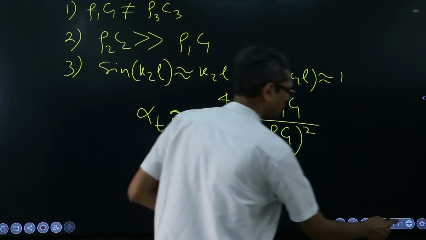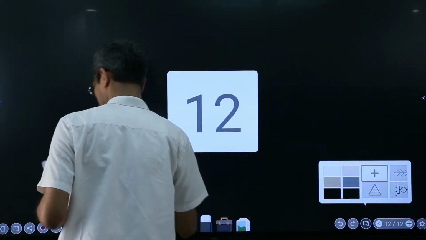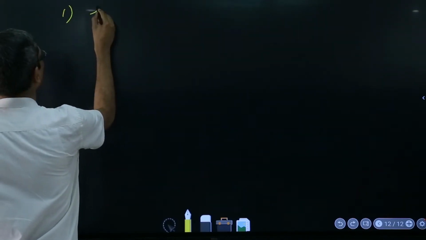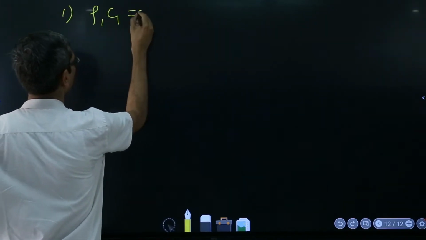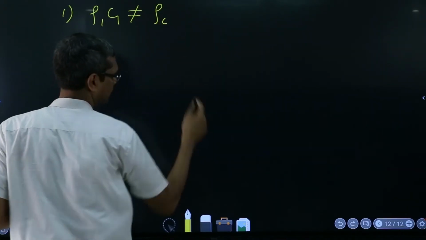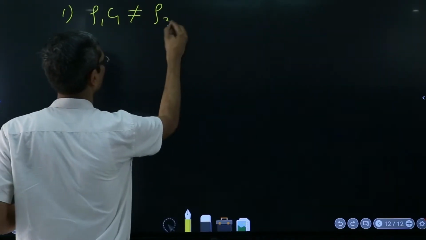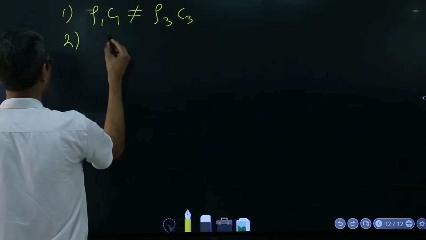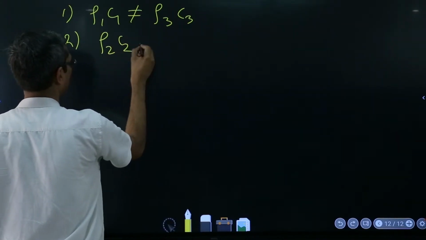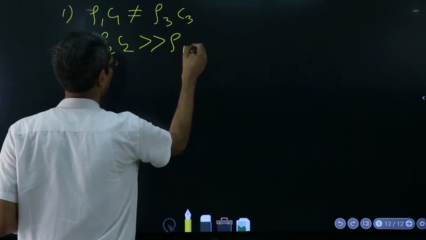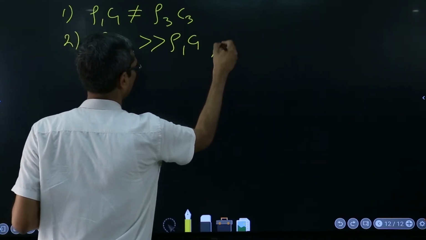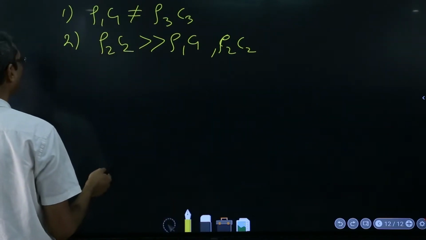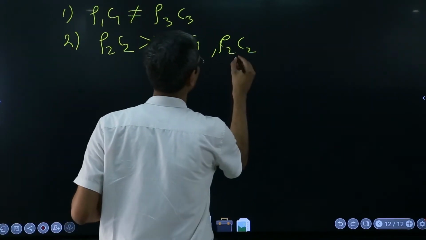And the fourth case is you have rho 1 c1 not equal to rho 3 c3 again. Then the second one is again rho 2 c2 much larger than rho 1 c1 and rho 3 c3.